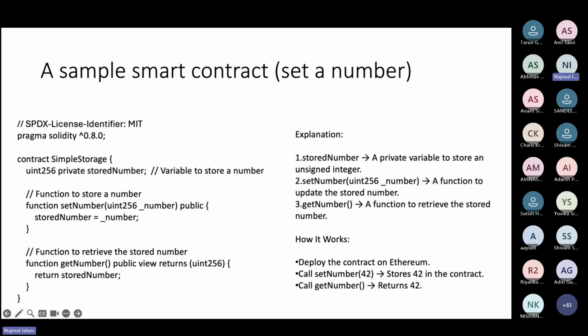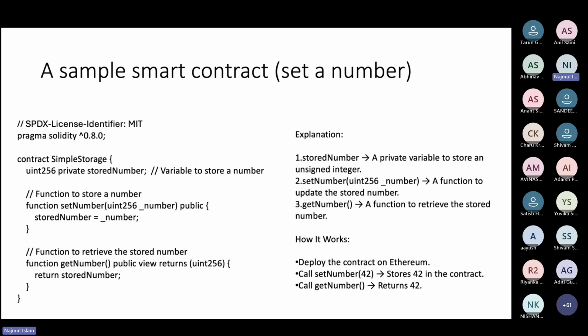Then in the next function, setNumber, we are updating the stored number, and with getNumber, we are retrieving the stored number. So the idea is pretty similar. We are storing a number, and then we are retrieving a number. Okay.